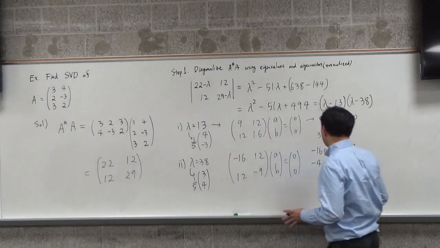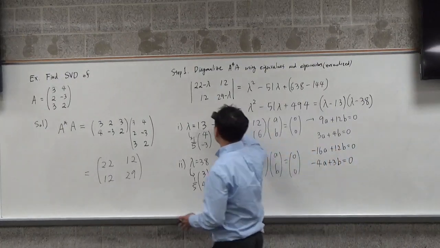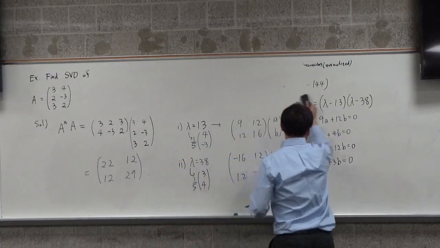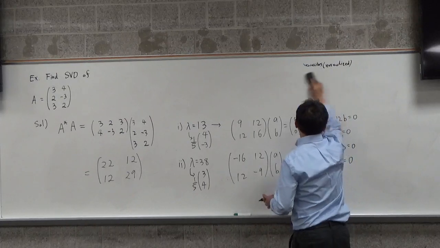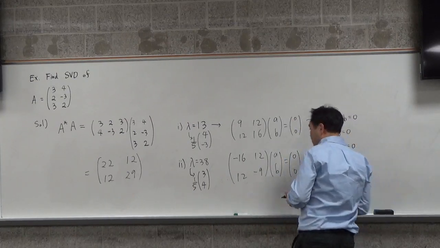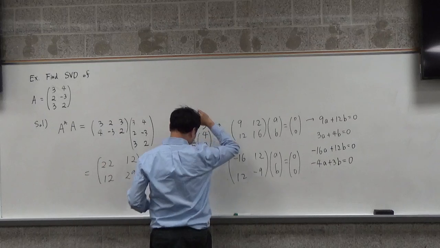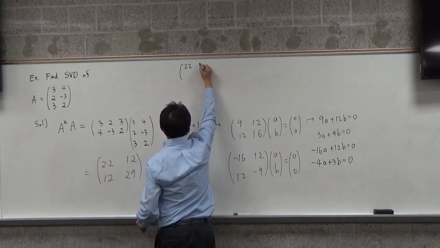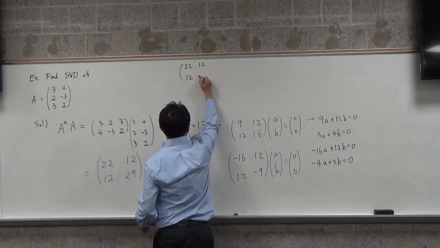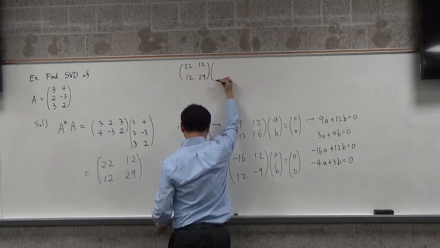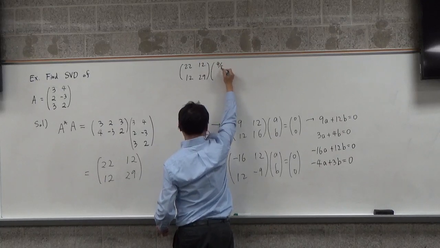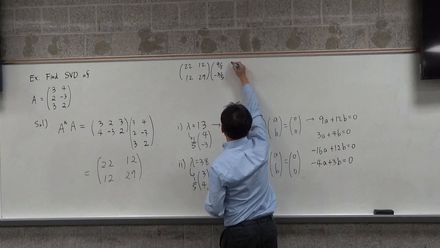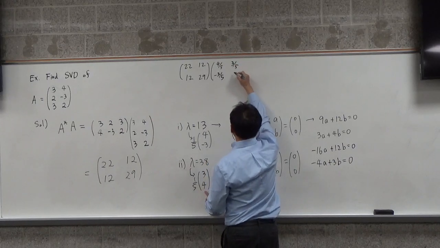Okay. So here's what we figured out so far. This calculation shows us that if you have this matrix 22, 12, 12, 29, and we multiply it by 4/5, negative 3/5, and then 3/5, 4/5.